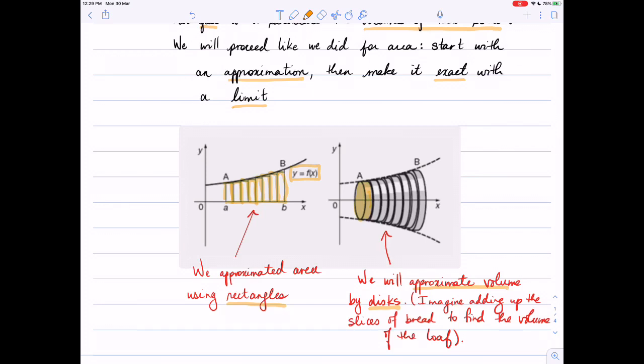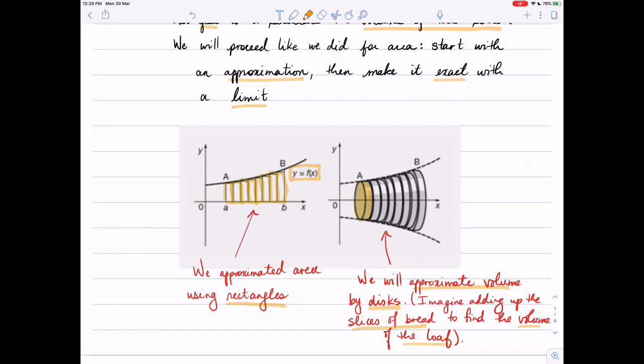And each of the slices gives a certain amount of volume, and if you add up the volume of each of those slices, then you're getting an approximation for the entire solid, right? So I say here, imagine adding up slices of bread, and that will give you the volume of the entire loaf. Okay, so that's our plan.